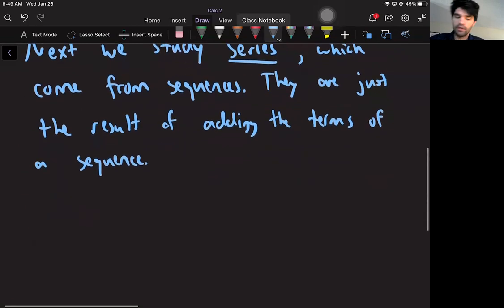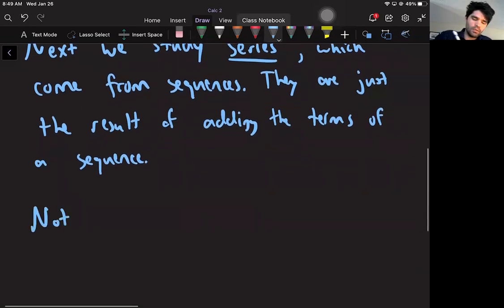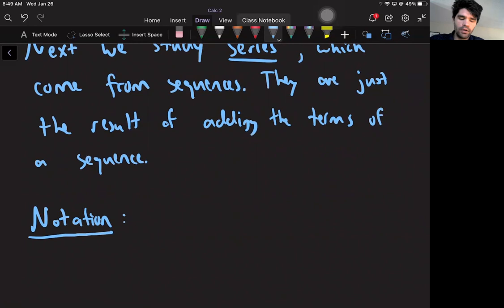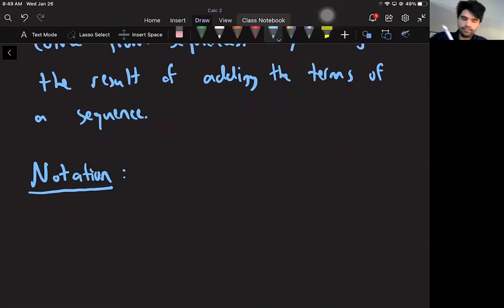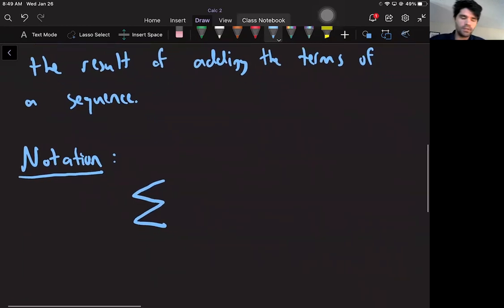Okay, so we need to learn some new notation to deal with this because we have to do so much adding. So here's the notation that'll help us with that. This is sum. It's called a capital sigma. So it means add. Add what?